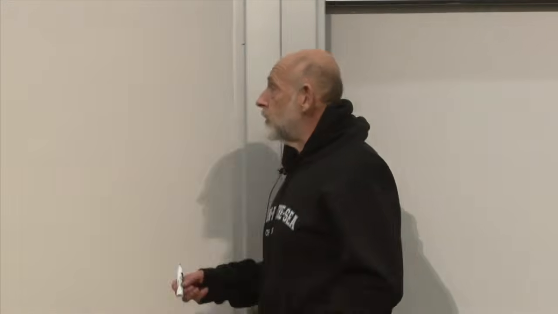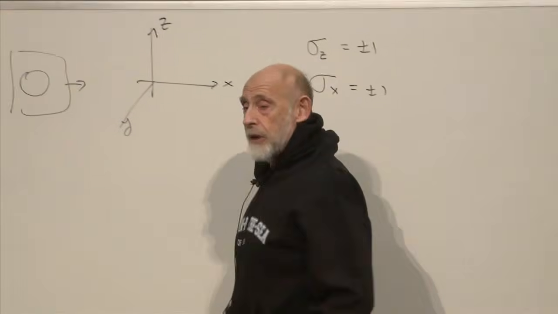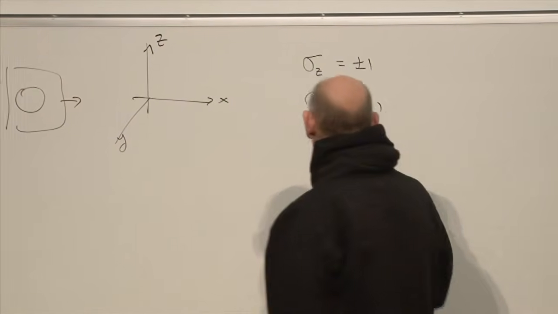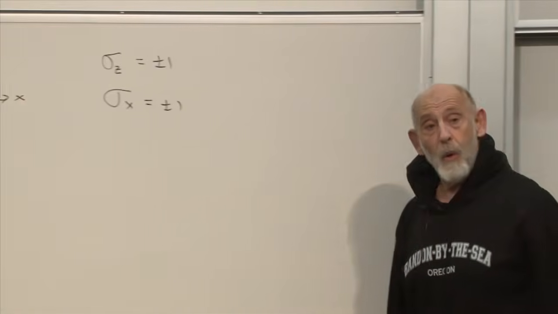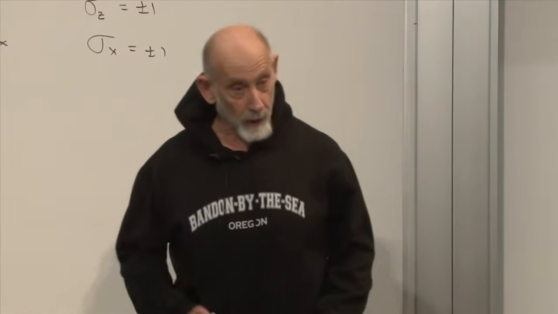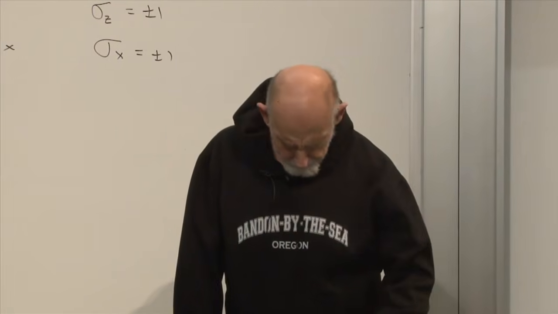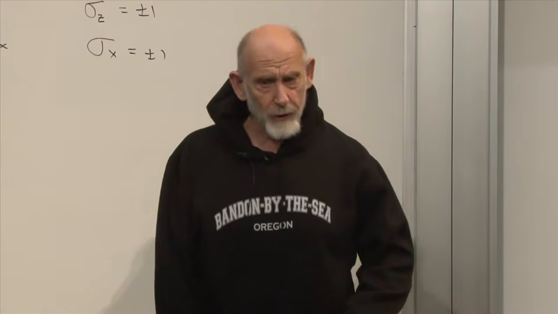Use it to prepare the spin so that it's known to be pointing horizontal along the x direction. In other words, sigma x is equal to +1, and then do a y or z experiment. Always, we will get random but equal probabilities for up and down, or plus and minus 1.